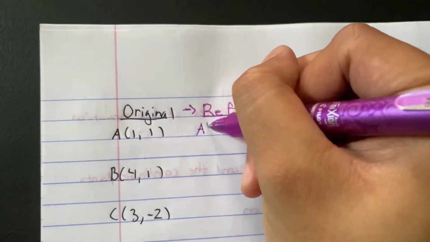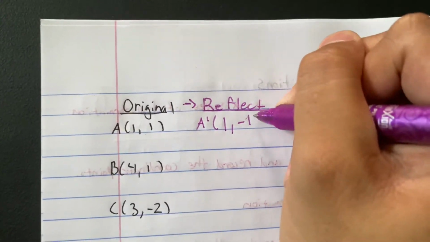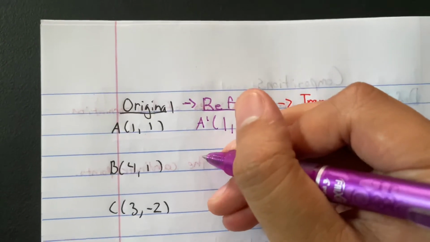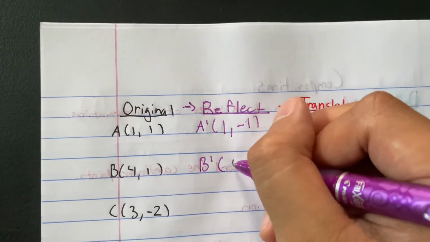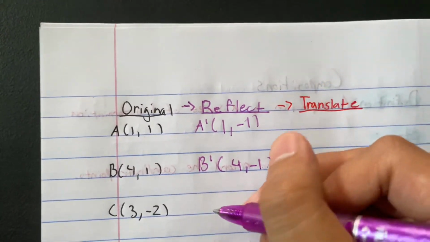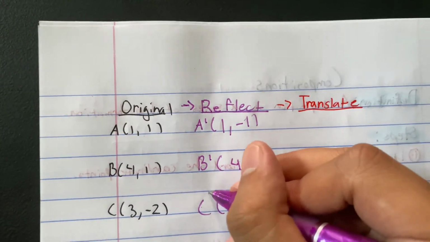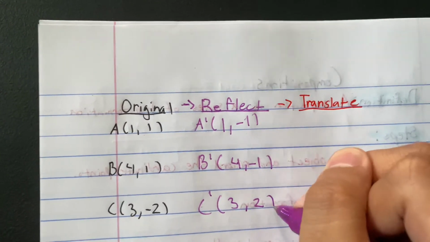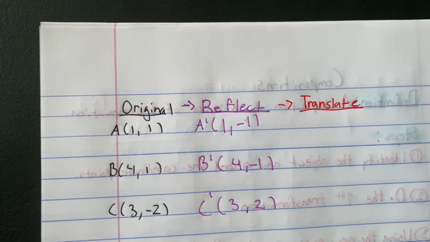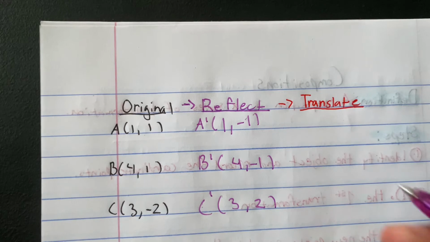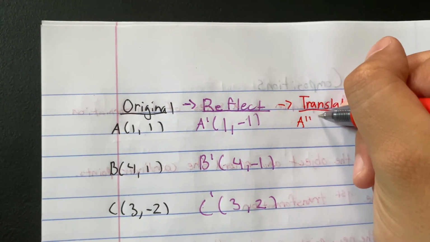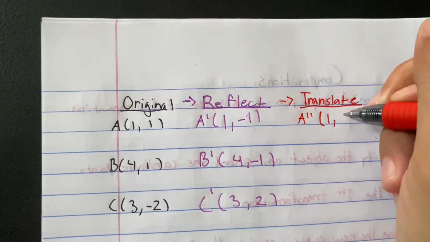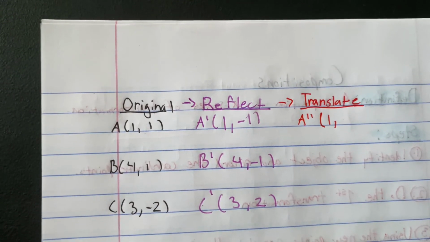So for A prime, if I did the reflection, it would be 1, -1 over the x-axis. And then B prime is 4, -1. And then C prime is 3 and 2. All right. And then the translation, it'll be A double prime, which will be 1 because it was a 0.